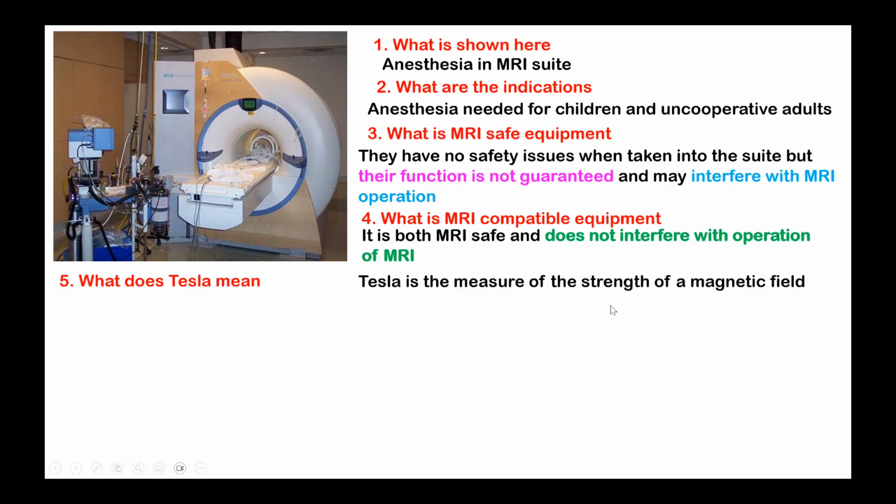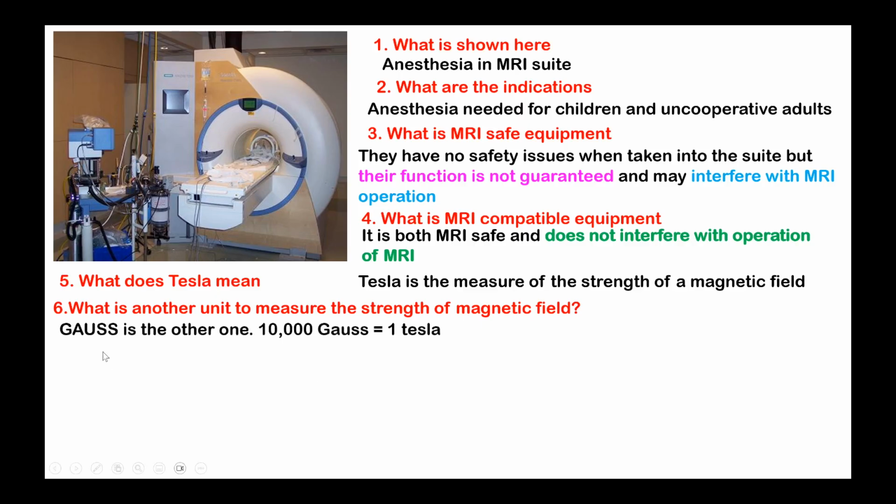Tesla is the measure of the strength of the magnetic field. What is the other unit to measure the strength? It is called Gauss. 10,000 Gauss is equal to 1 Tesla. What is the 50 Gauss line in an MRI?